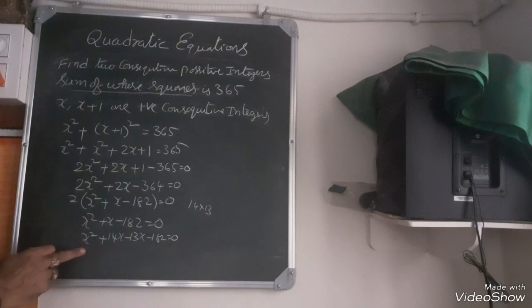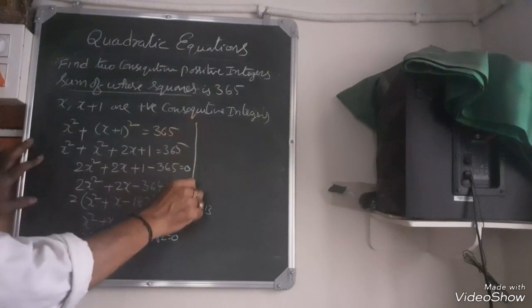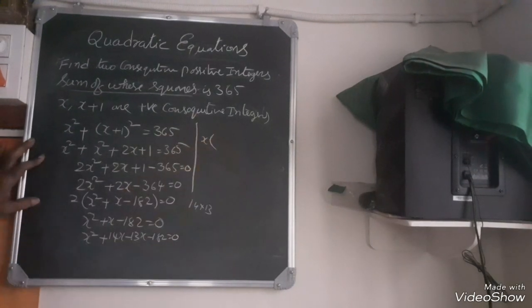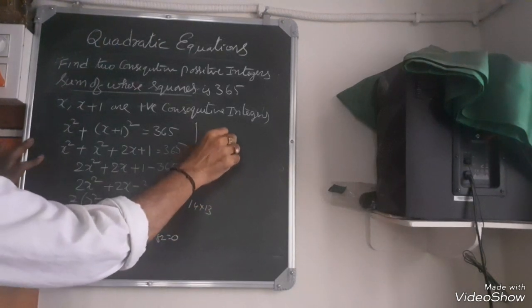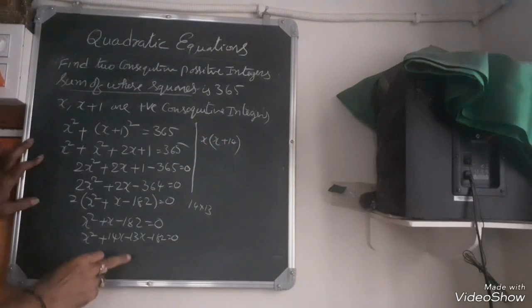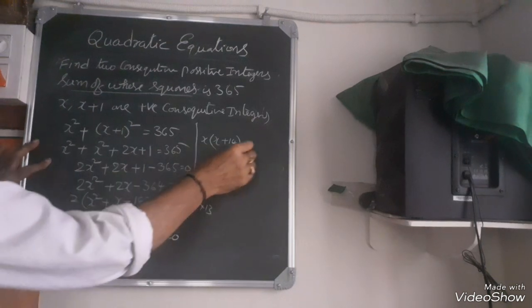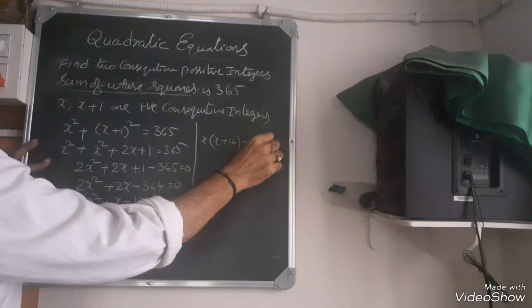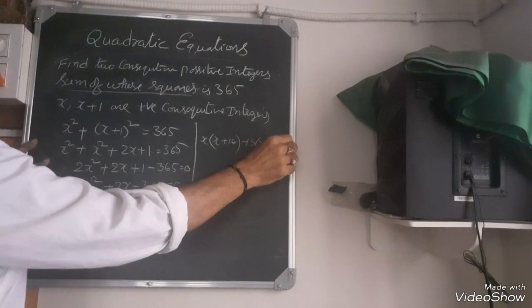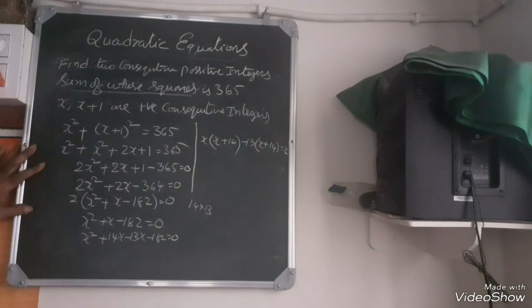Now in these two you take x as common. If you take common, x plus 14, and here minus 13 you take common, x plus 14 equal to 0.